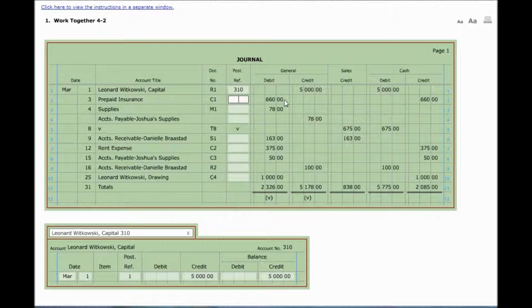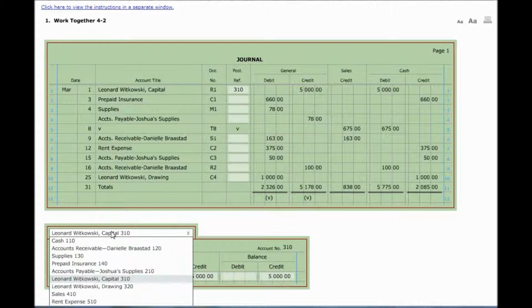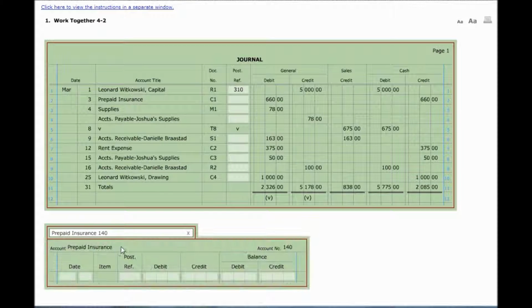Let's go. Our next one, 660, goes to prepaid insurance. I'm going to find prepaid insurance. Step number 1, do the date. We have the 3rd. Step number 2, put the page number. Step number 3, deliver the package.